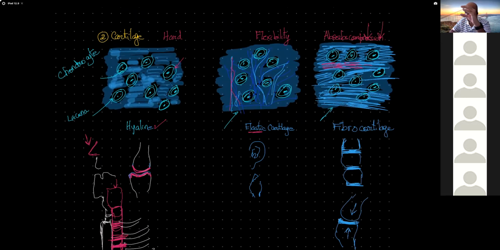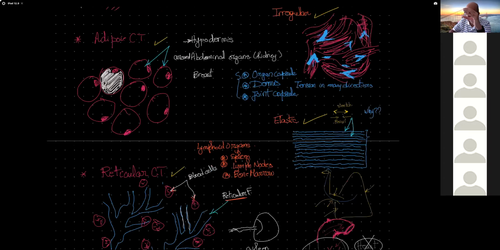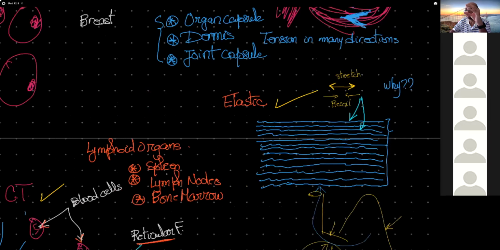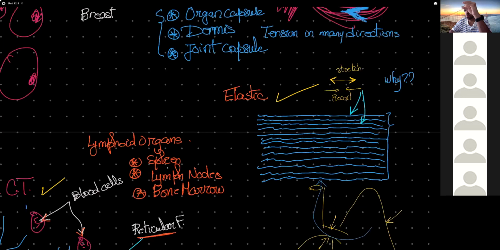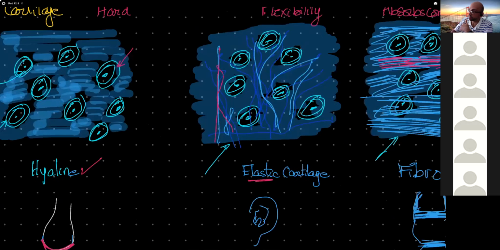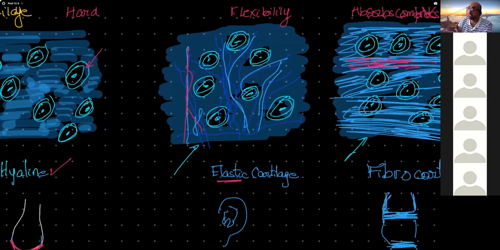If you compare to the elastic connective tissue in a blood vessel, once you compress it, it remains compressed. But when you bend your ear pinna, it returns back to its normal shape. So here is a difference between elastic connective tissue and elastic cartilage. Remember, elastic cartilage maintains the shape.